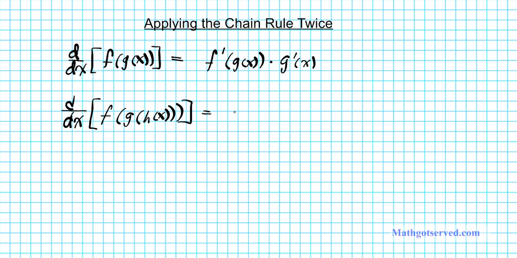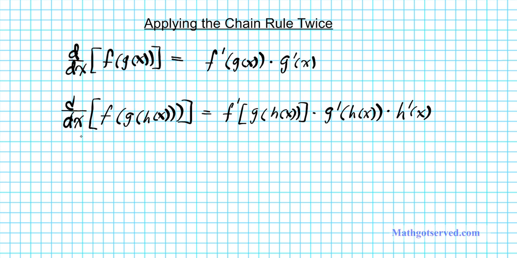It's going to be the derivative of the outermost function, f prime, evaluated at the middle function composed with the innermost function, g of h of x, times the derivative of the middle function, g prime, evaluated at the innermost function, times the derivative of the innermost function.